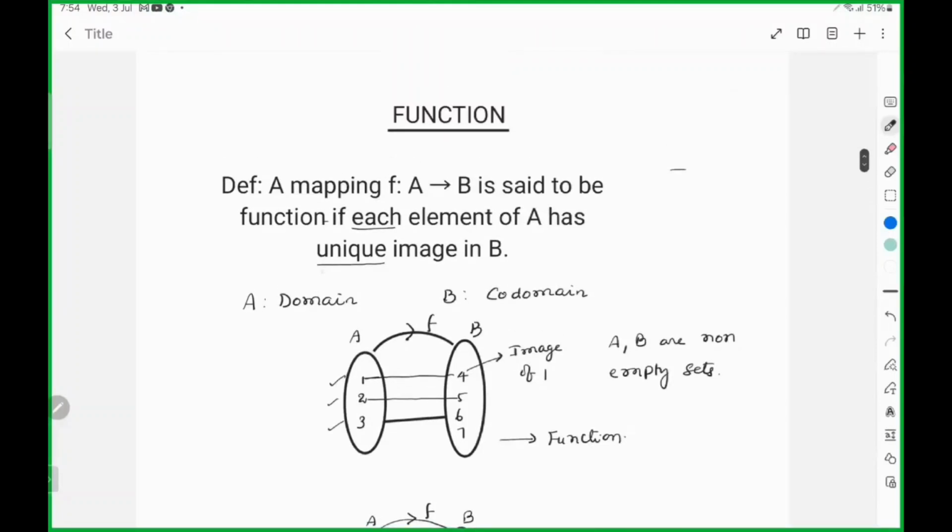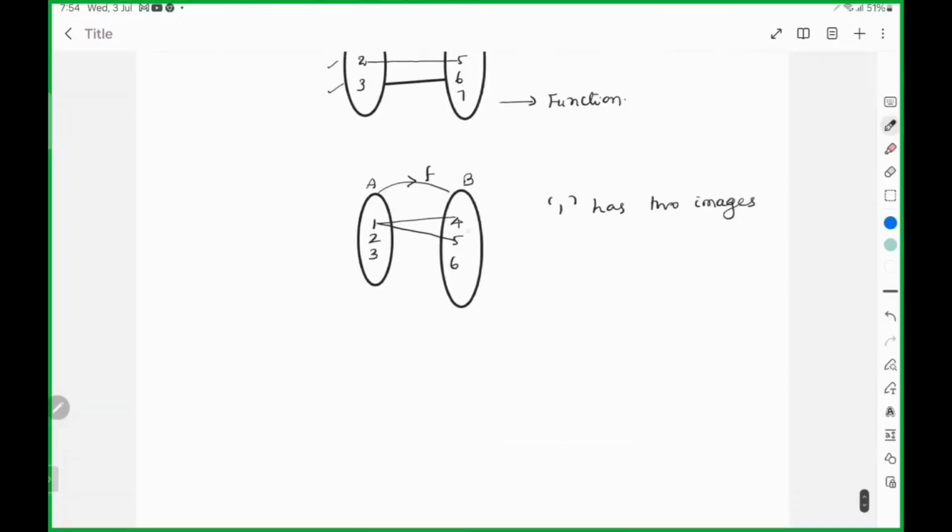But by definition, it must have a unique image, and here you have 2 images. So F mapping from A to B is not a function because it is not satisfying the definition. Every element must have a unique image, but here 1 has 2 images.